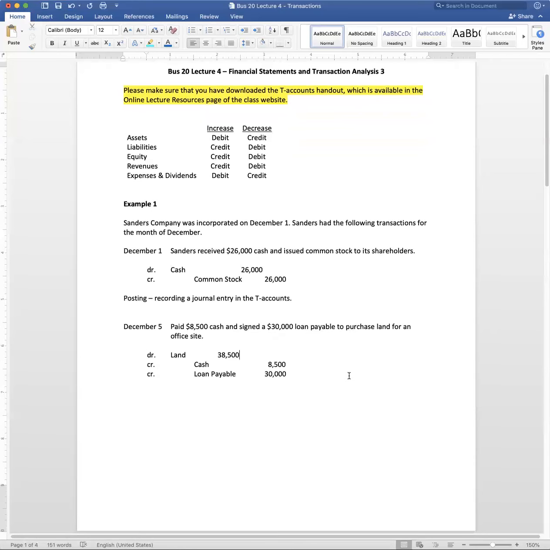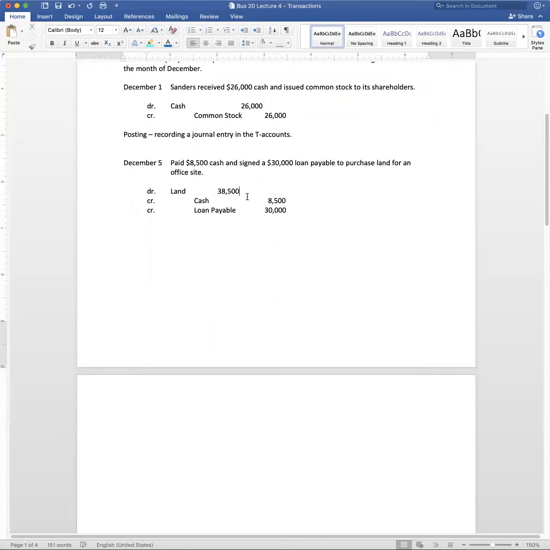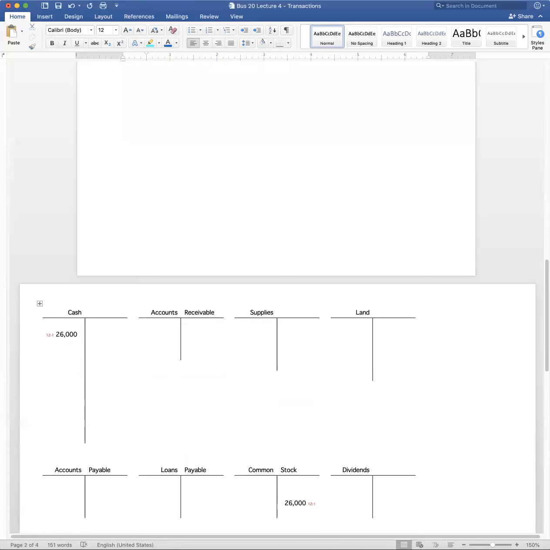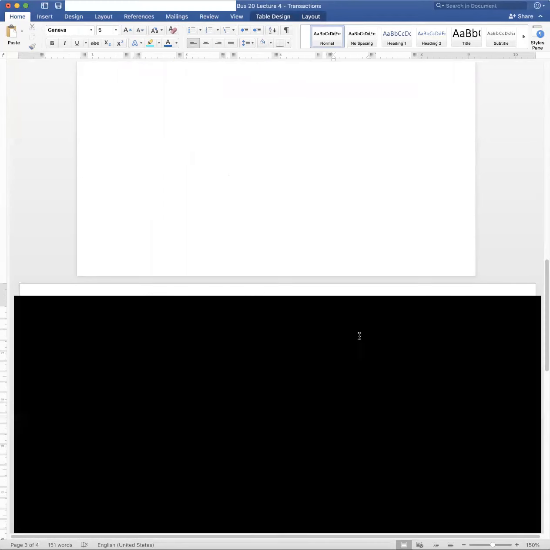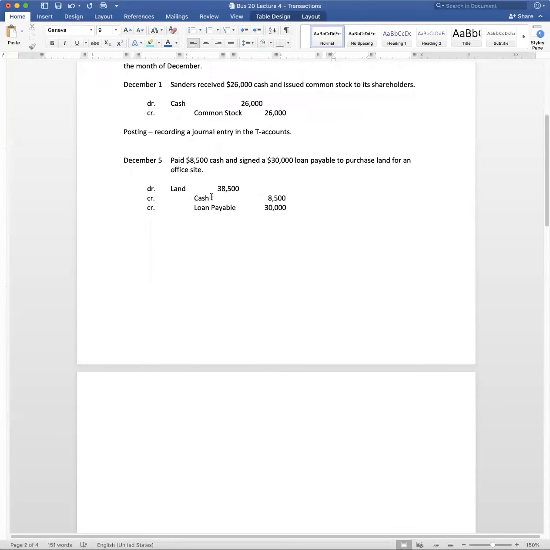Now, next step, we are going to post this to the T accounts. All right, so we have a debit of $38,500 to land. So if we go to the land account, we are going to debit for $38,500. And we also have a credit to cash of $8,500.